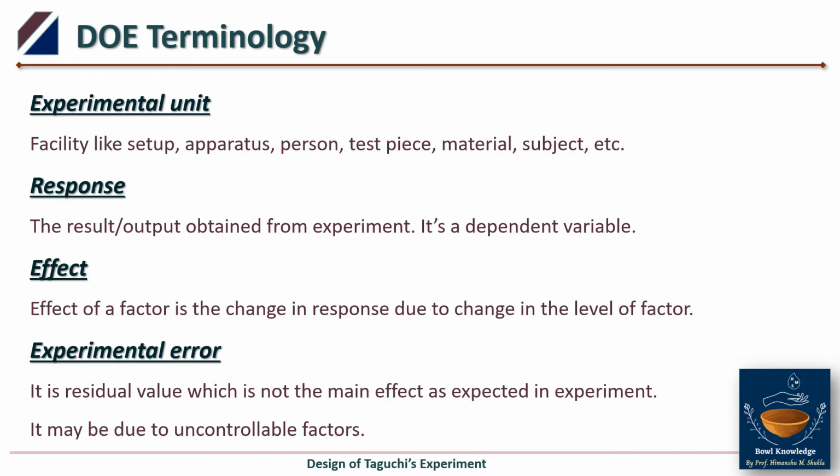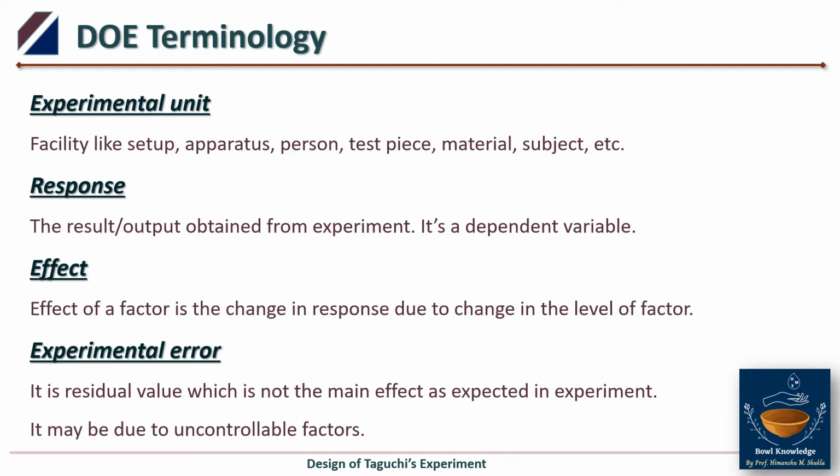Then effect. Effect of the factor is change in response due to change in level of factor. So as we said, response is there, that is my output. If I change my input, that is factor, how much change is there in output, that change is called as effect. Then experimental error. So it is the residual value which is not the main effect as expected in experiment.